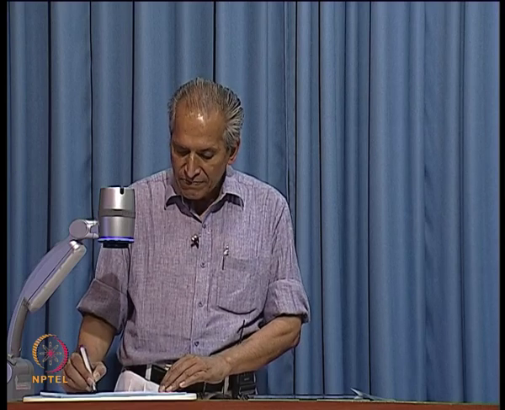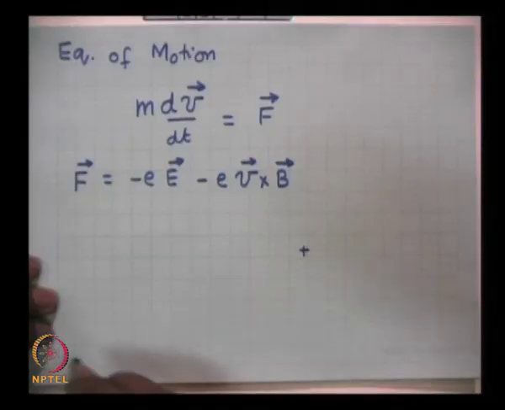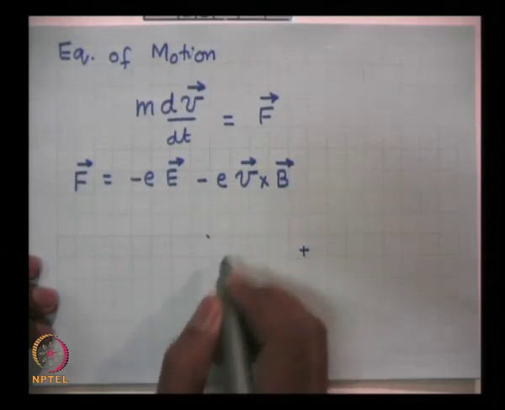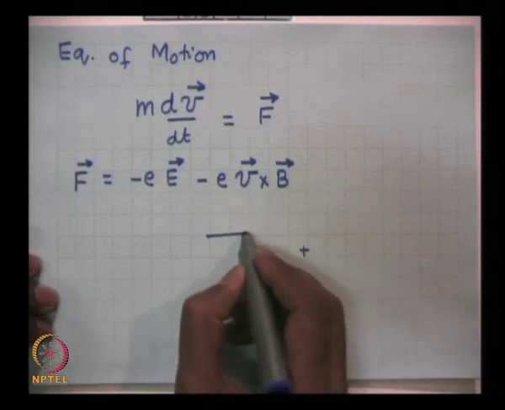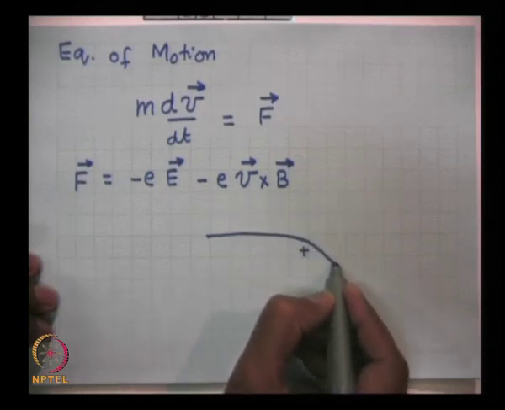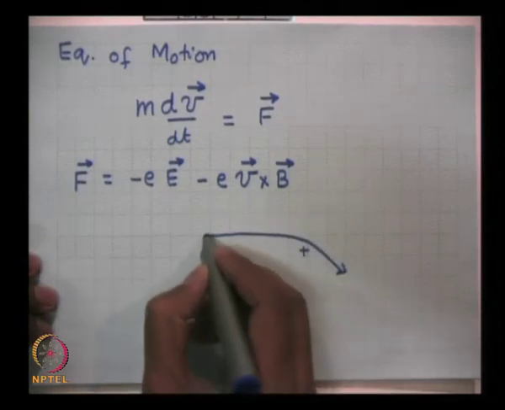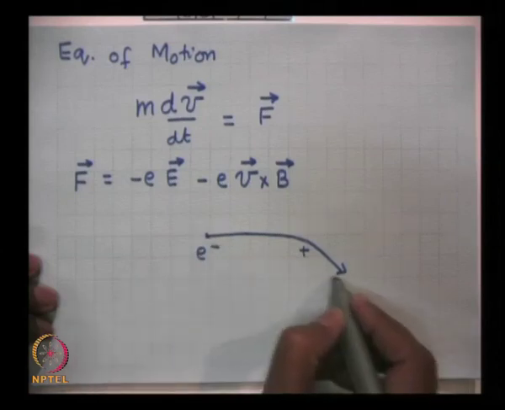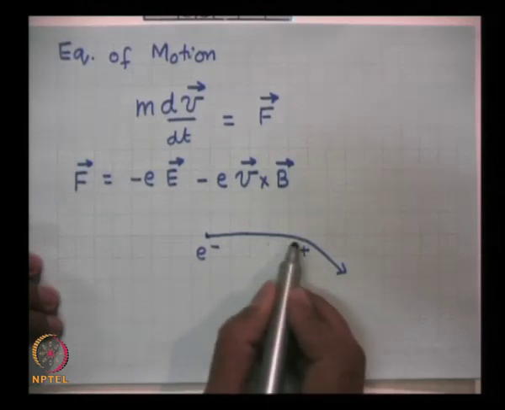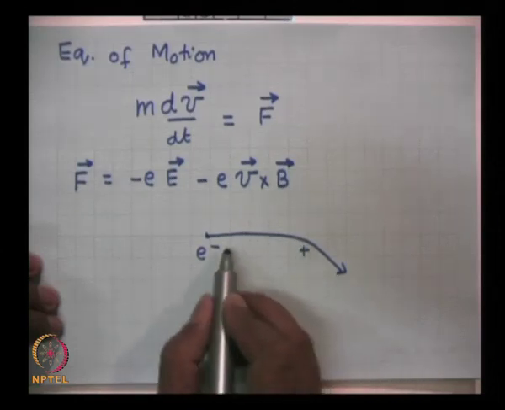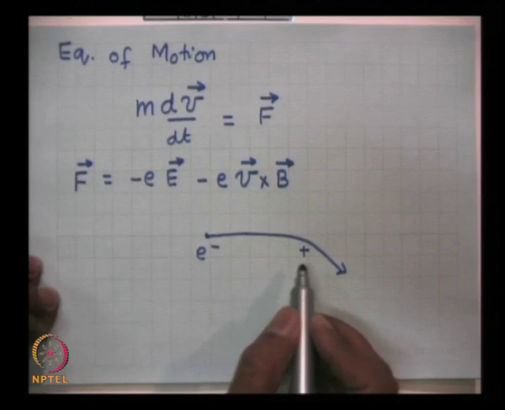For instance, this is an ion here, and the electron is coming from here. As it comes close by, it experiences an attractive force and its path gets deviated like this. So, the electron which was coming like this, after passing through the vicinity of the ion, has changed its direction of momentum. So, there is a loss of momentum or momentum change in each collision.